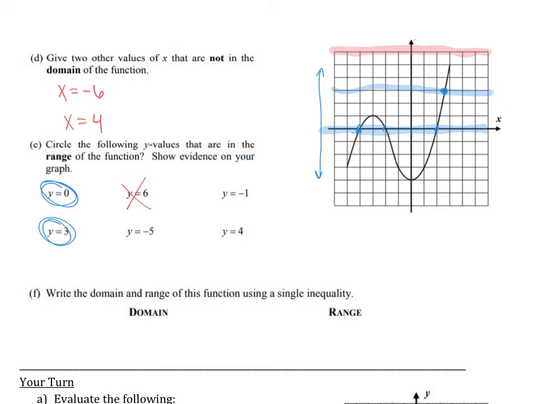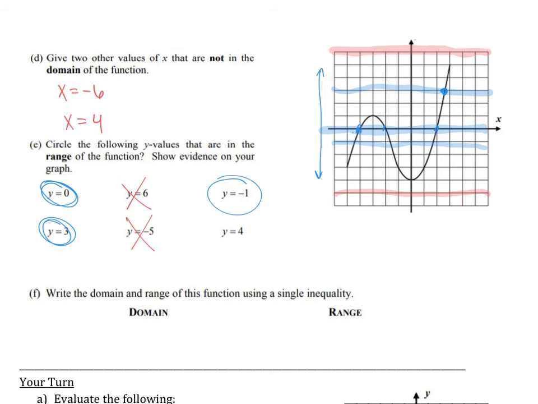Let's try a few more. Y equals negative 5. So 1, 2, 3, 4, 5. That is down here. That one's also not in the range, right? Because it's below that graph. Y equals negative 1. That's going to be right here. That one is.